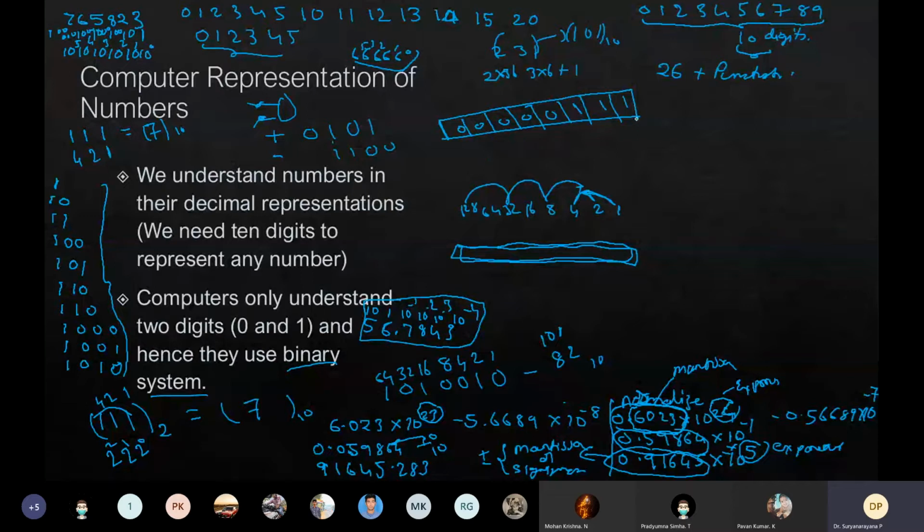The limitation is, this is ones place, twos place, fours place, eights, 16s, 32s, and then 64, 128. Okay, so the largest number, and let's not keep this one because we want the sign also. Let us keep it for sign.